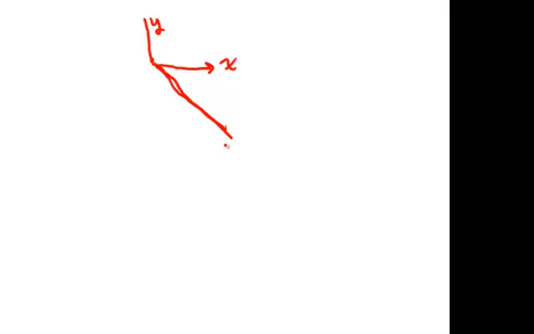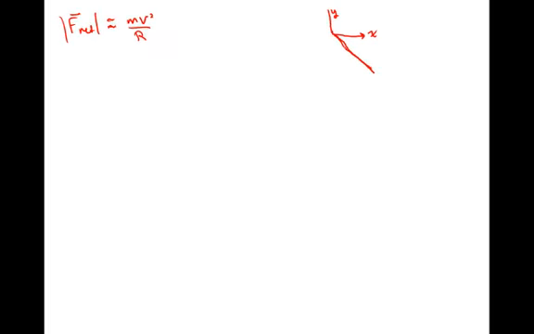So I'm going to set up my coordinate system at the center of the circle. There's my x-axis, there's my y-axis, and this represents the line going from the center of the circle down to the airplane. That's also the direction the net force needs to be.